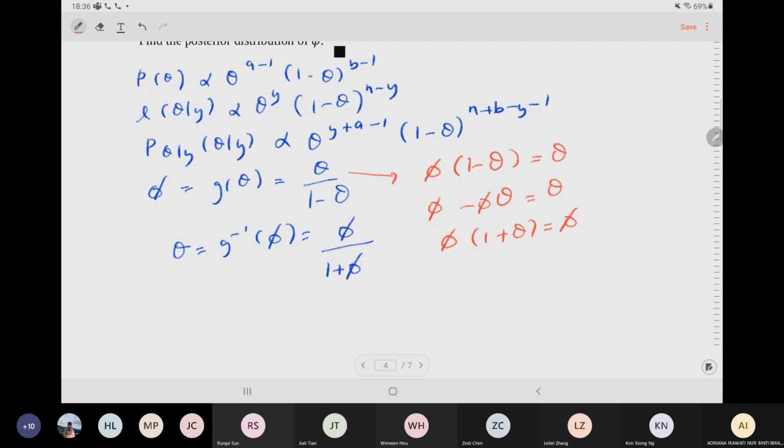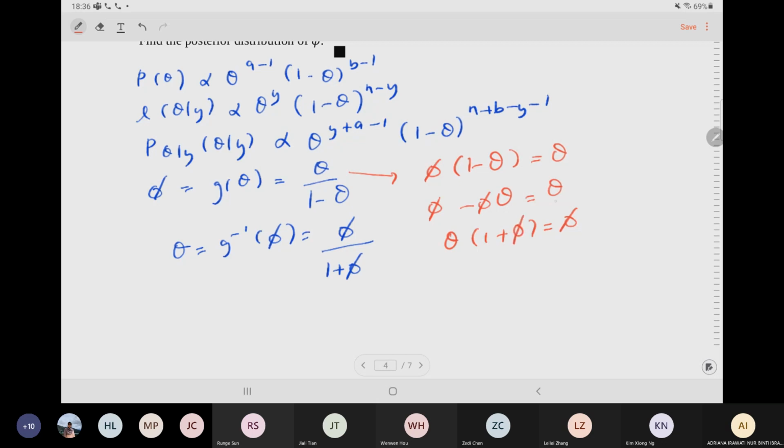Oh, okay, so this is actually theta. I need to write it properly.